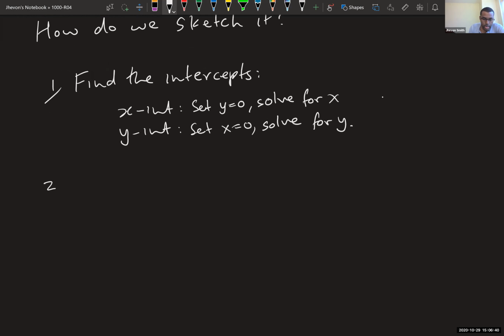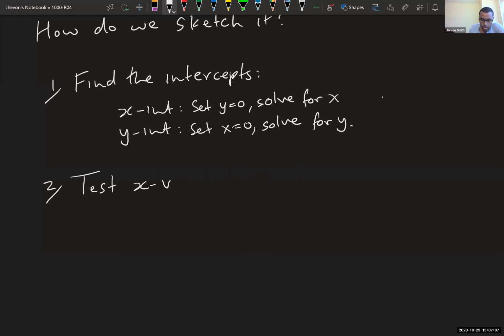Okay, once you do that, now what? You plug in the numbers between the zeros. See if it is going above or below the x-axis. Test values between. Let me be more specific.